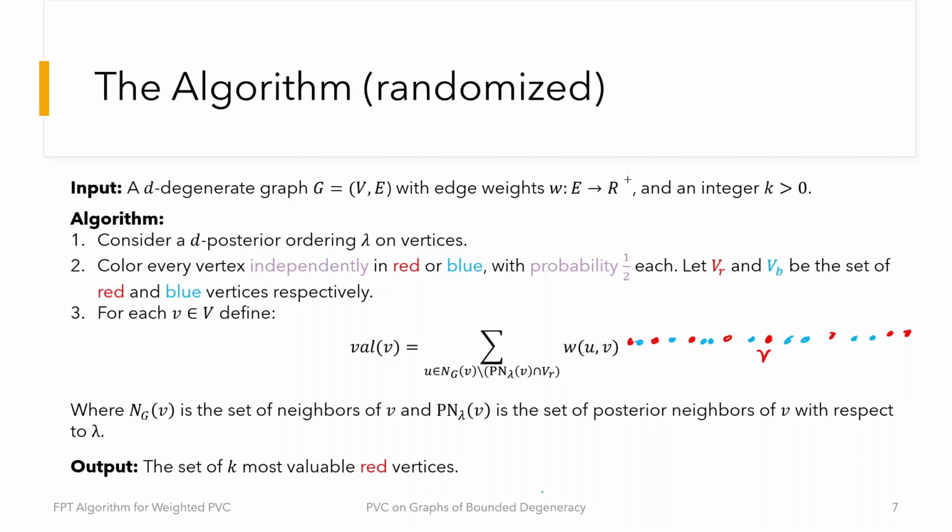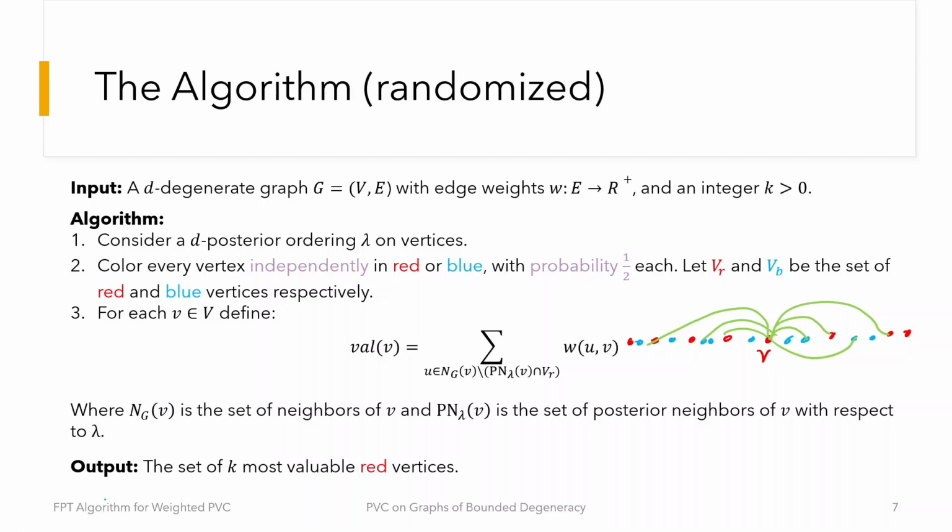And so this is the ordering. And there are some edges incident to v. So the value of v is the sum of all weights of these edges except edges going to a posterior red neighbor.